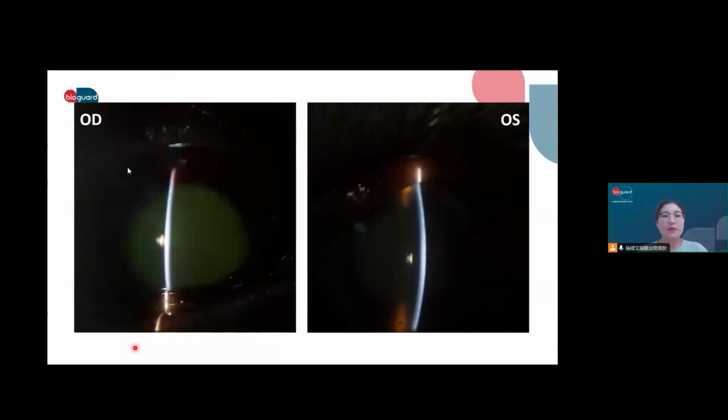And we found that both eyes had those black spots. There were keratic precipitates. This is one of the characteristic symptoms of uveitis. So by this time, we can confirm that this dog had uveitis.